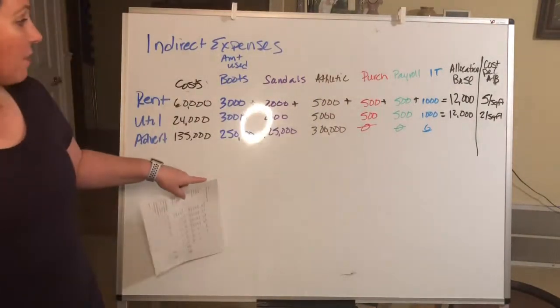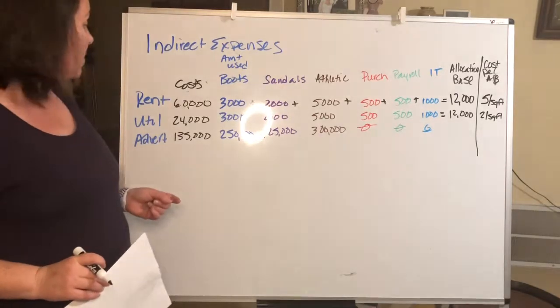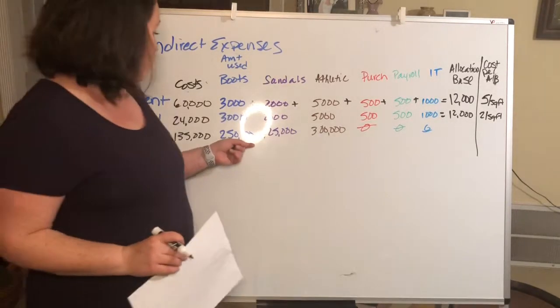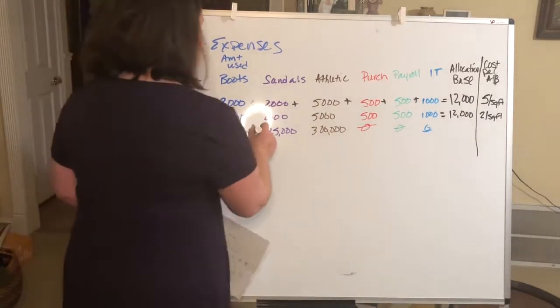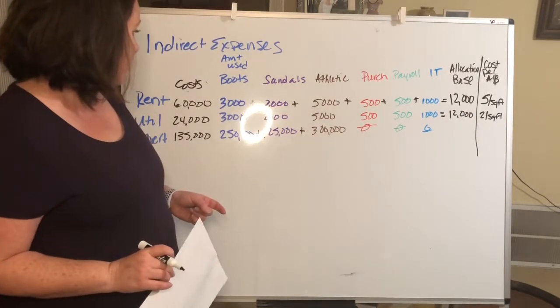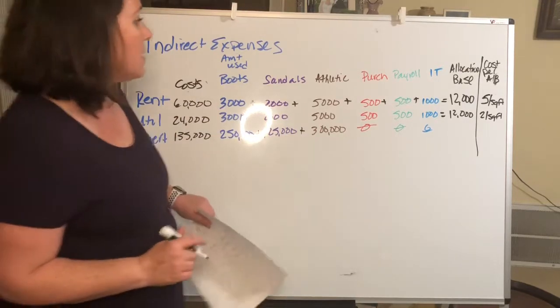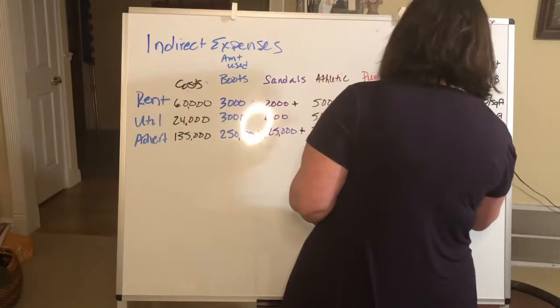Finally, we have our total sales. That's how we're going to allocate our advertising costs. So we're going to add up 250,000 plus 125,000. That gives us 375 plus 300 is going to be 675,000.